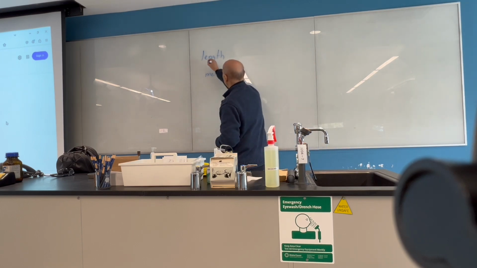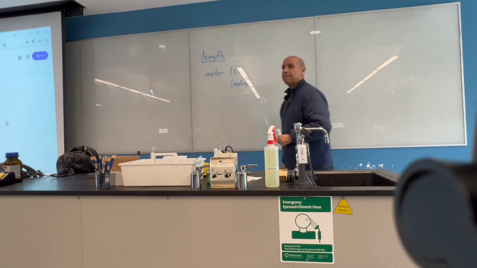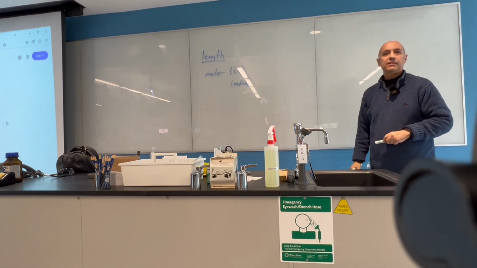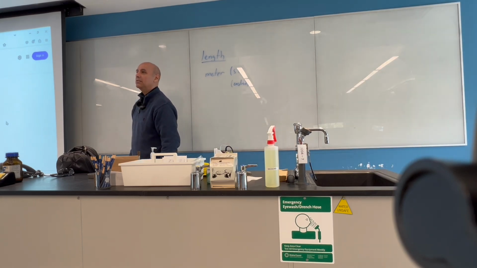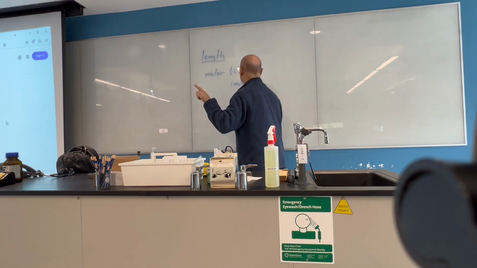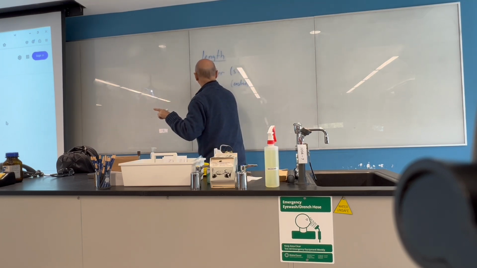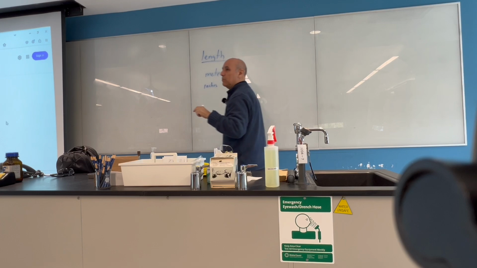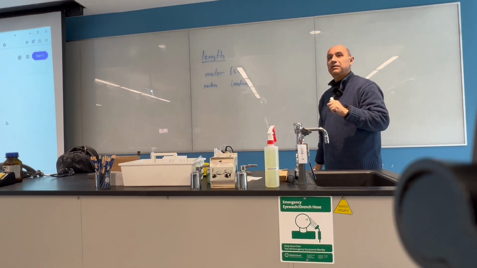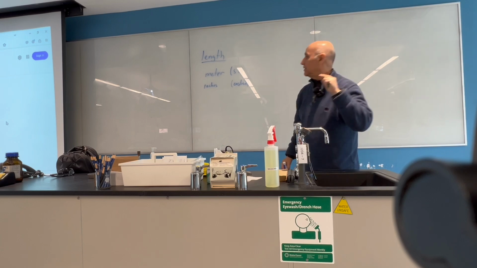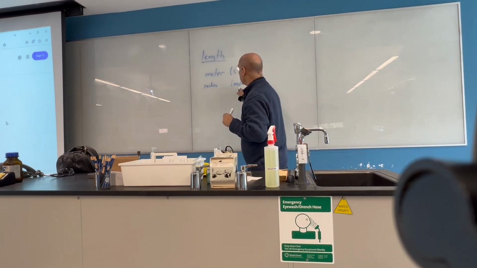So how do we measure length in the so-called English system that the US uses? How do you measure length? What units? Inches, I heard. Okay. Is that the only way to measure length? Centimeters. Well, that is not the English system.